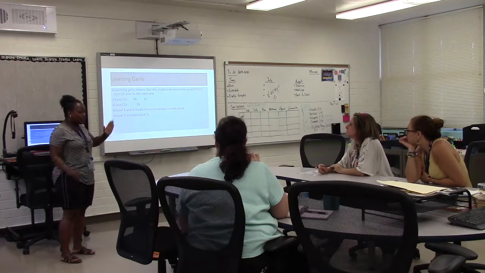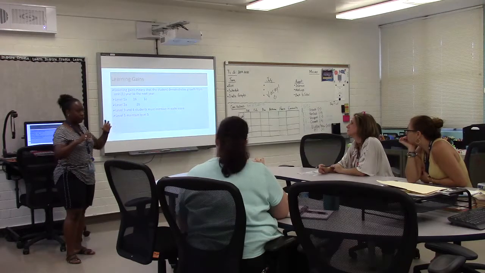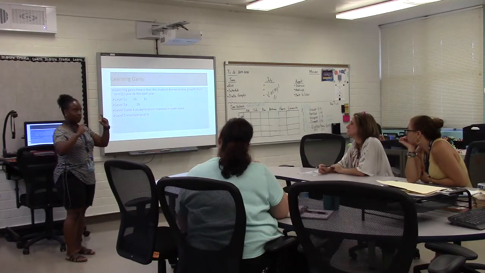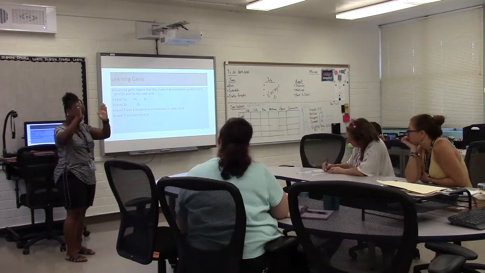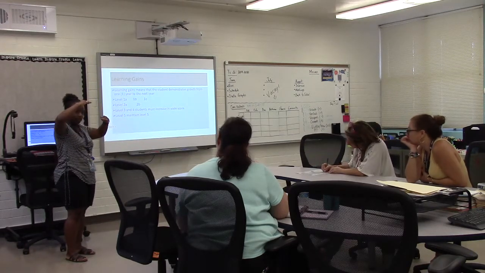Now, I won't say it's almost impossible, but it is possible that you can score less in scale score and still be a level 3 and not make a gain. Because what happens is your scale score from 3rd grade to 4th grade increases the amount.